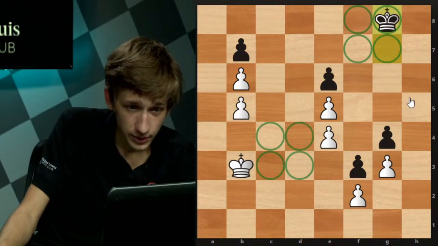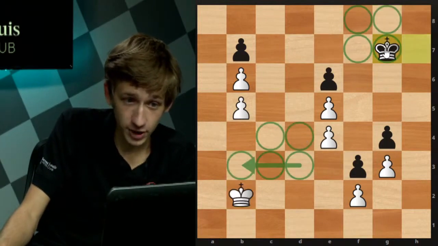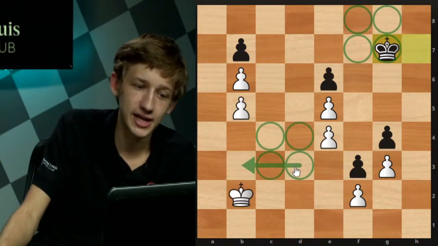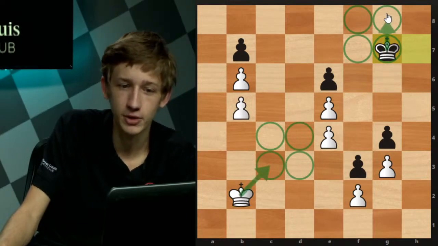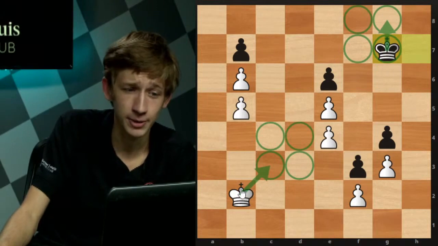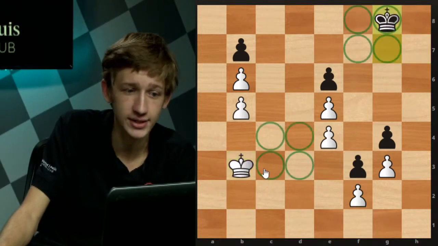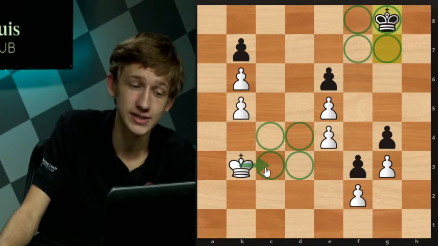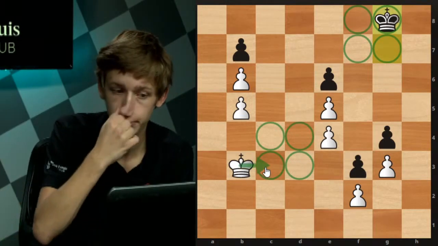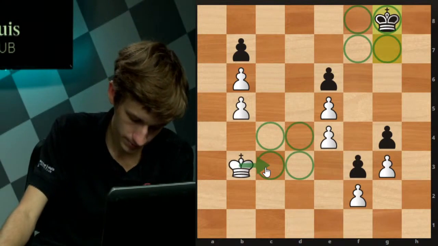Because, well, actually in this case it would. But after King B2, King G7, it would not be safe to approach closer to C3 because black could step to the corresponding G8. Compare this with King B3, King G8. Now black cannot step to G8 because he's already on G8, so King C3 would be a winning move. Okay.